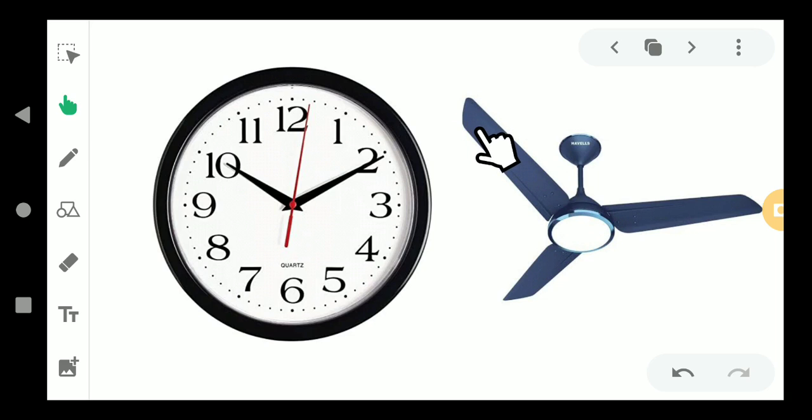Working of a fan. This is the axis point and this is one end of the blade. If you put a mark here, the distance from this mark to the axis point will be the same in all cases. In the same way, in a clock, the distance from the center to the end of the second hand will be the same. So the minute hand, second hand and hour hand each have circular motion.